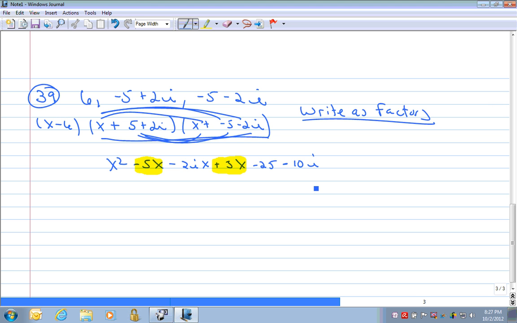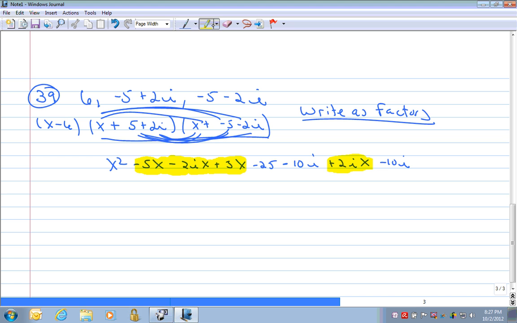Now last let's go to the 2i. 2i times x is positive 2ix, and that's going to go away with negative 2ix. Then we're going to go 2i times negative 5. That's negative 10i.